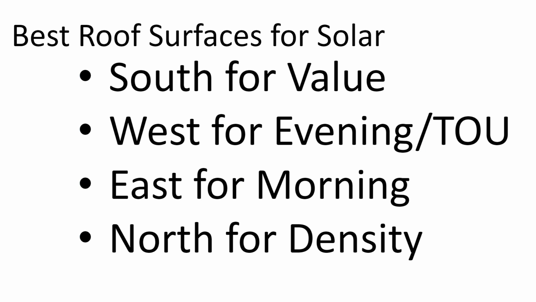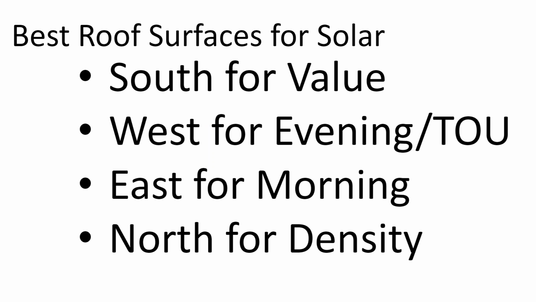If you don't have a net metering policy, south-facing may not be the best deal. A west-facing array or an east-facing array, when you have higher loads because you're getting up in the morning and running that air conditioner, or you're getting ready for the evening and running that air conditioner, where at high noon there may be no one inside the house.